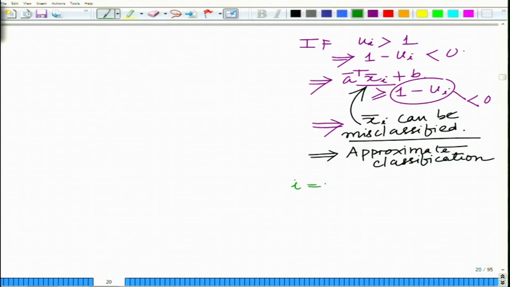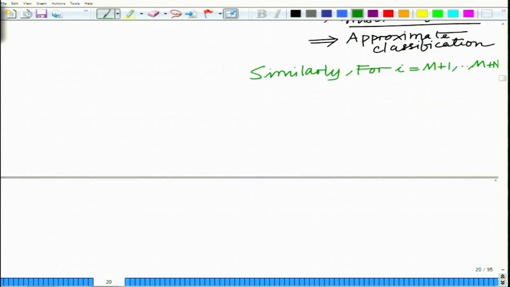Now, similarly, for I equals m plus 1 up to m plus n, what happens? Remember, for perfect classification we have A bar transpose x bar I plus b less than or equal to minus 1.